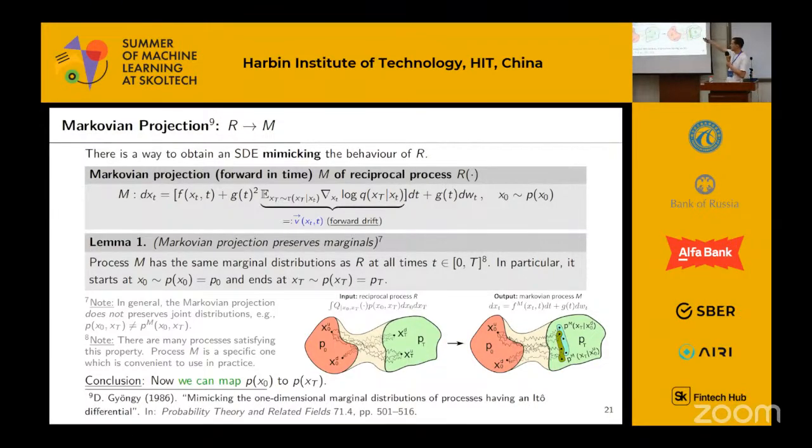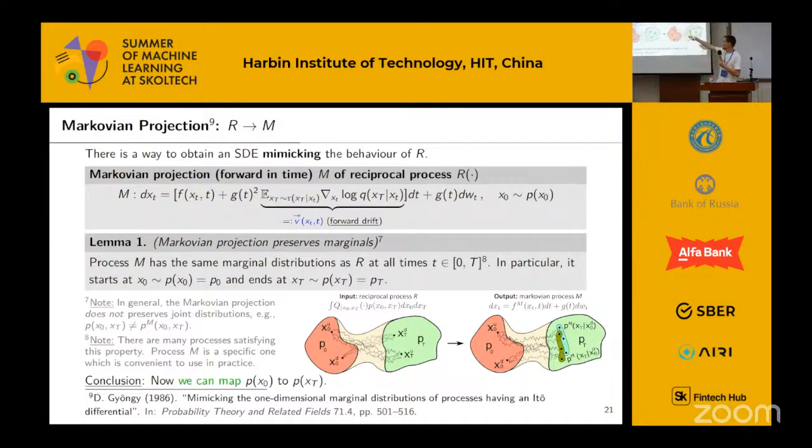This process is Markovian, and it satisfies the property that all the marginal distributions of this process are the same as the marginal distributions in the original reciprocal process which we used to construct it. This process, which is called the Markovian projection, can be described as a stochastic differential equation of the following form, where this V with an arrow is a drift.